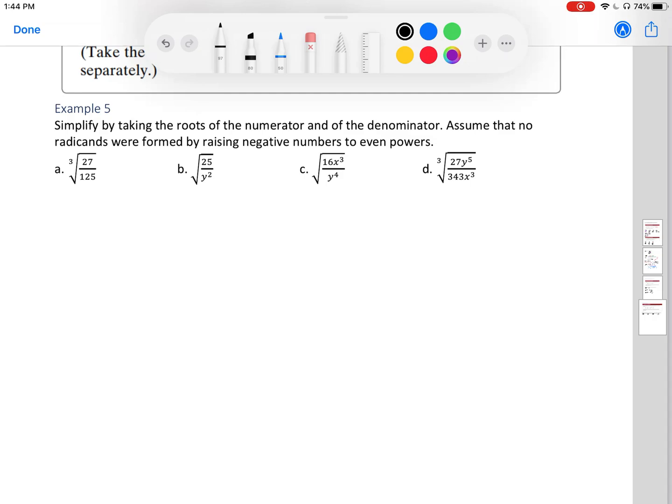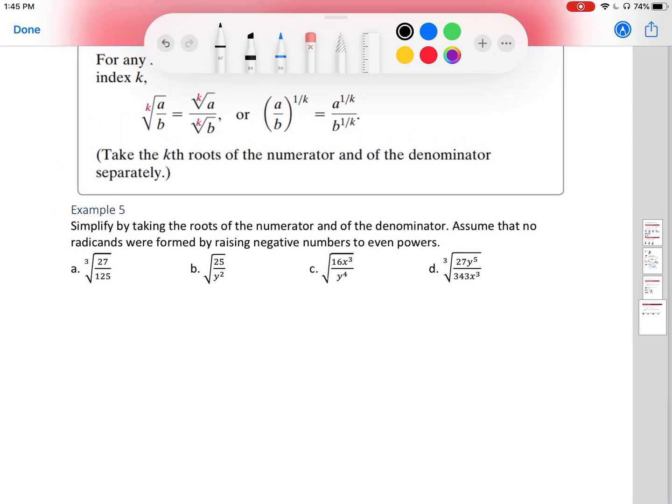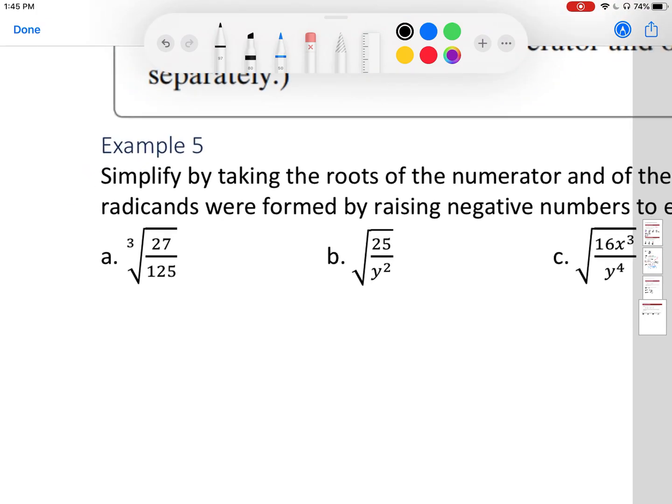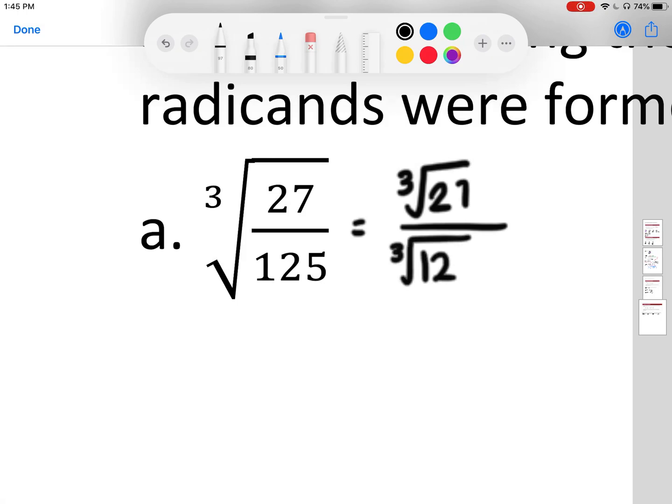For number 5, part A, we're saying that we can split our radical so that I have the cube root of 27 divided by the cube root of 125. And we like the idea because the cube root of 27 is 3 and the cube root of 125 is 5. So that we're done with our problem.